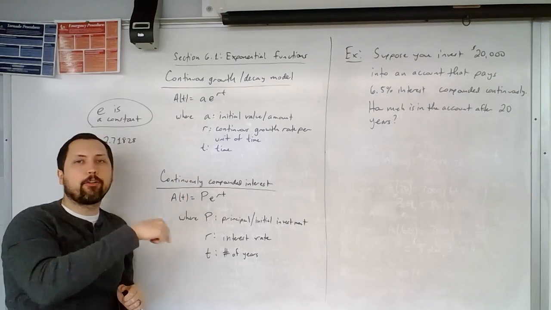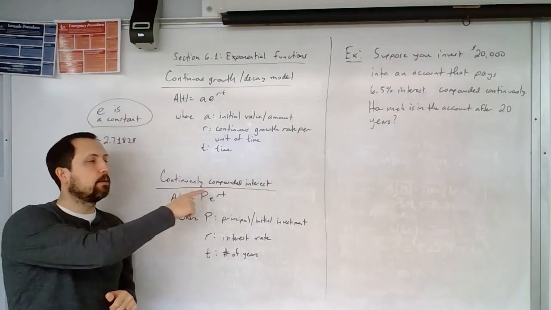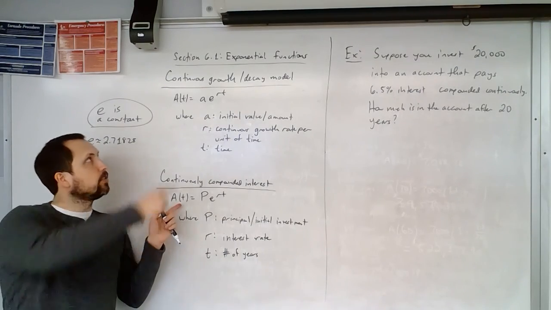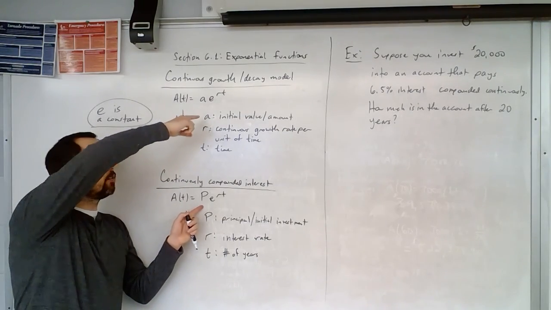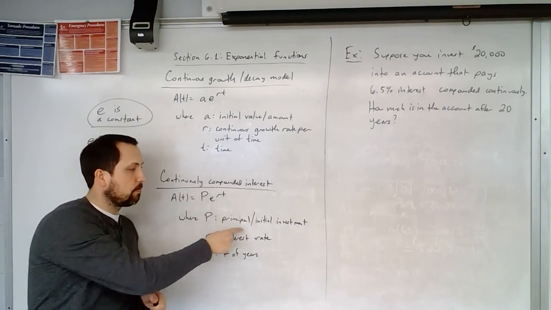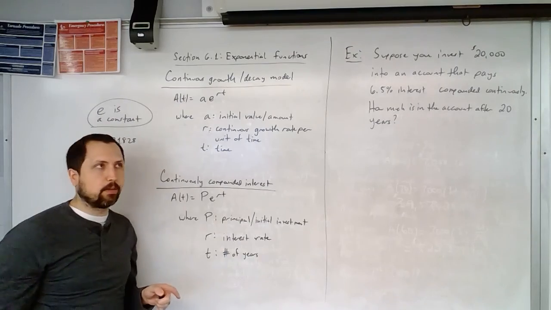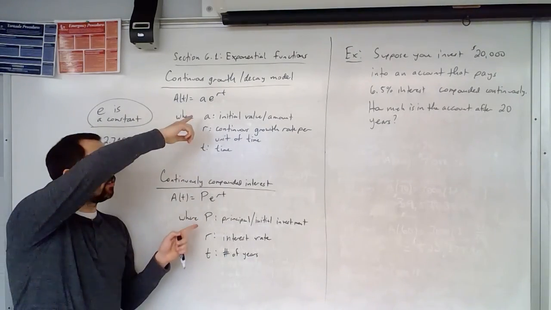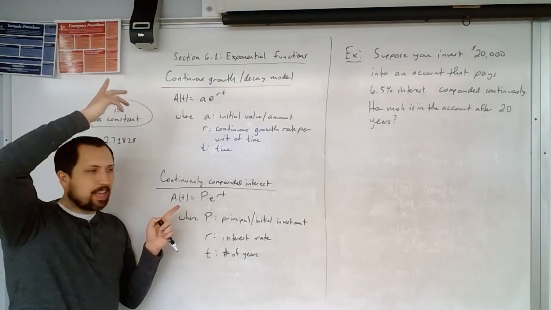Instead of being compounded a certain number of times per year, it's being compounded continuously. So our formula is A of t, which is the same as this, equals P e to the rt. Instead of an A, we have a P, because in the finance world we talk about the principal or initial investment, but that's the same as the initial value.